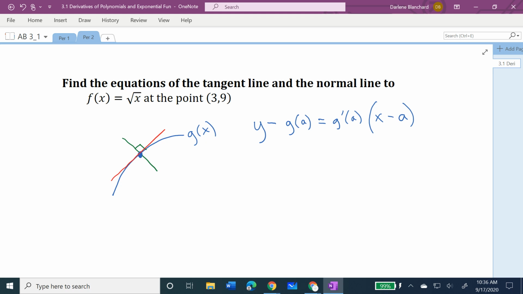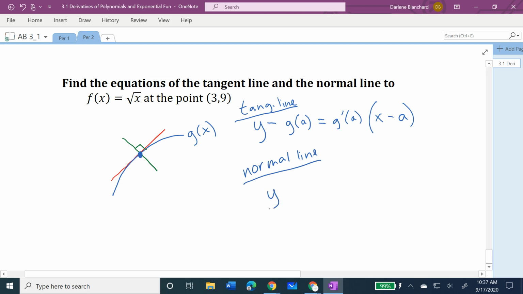All right. A normal line, so that's tangent line. The equation of a normal line, it's still using the point of tangency. The only thing that's different from the tangent line to the normal line is the slope.